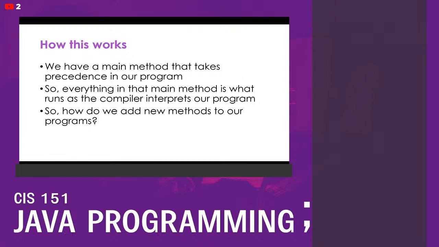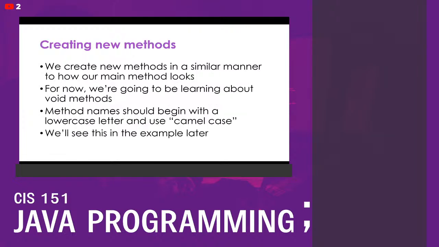So if we want to write other methods, what do we need to do? Well, in writing other methods, essentially we're doing more or less the same thing that we've been looking at with that main method. The structure of the first methods that we're going to start writing here are going to be publicly scoped, static, void methods.